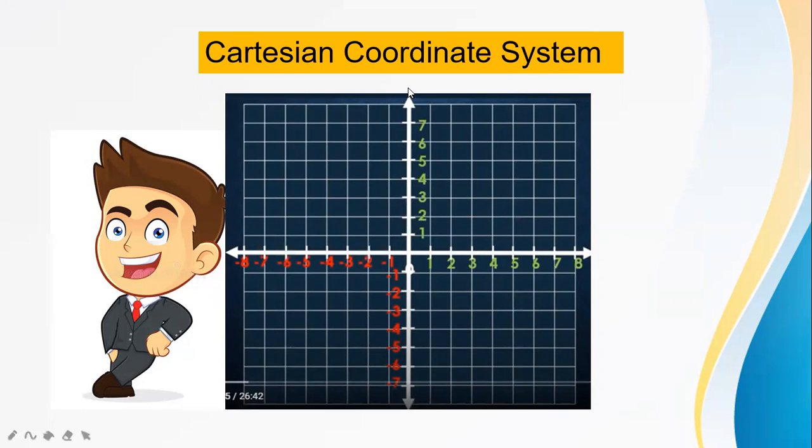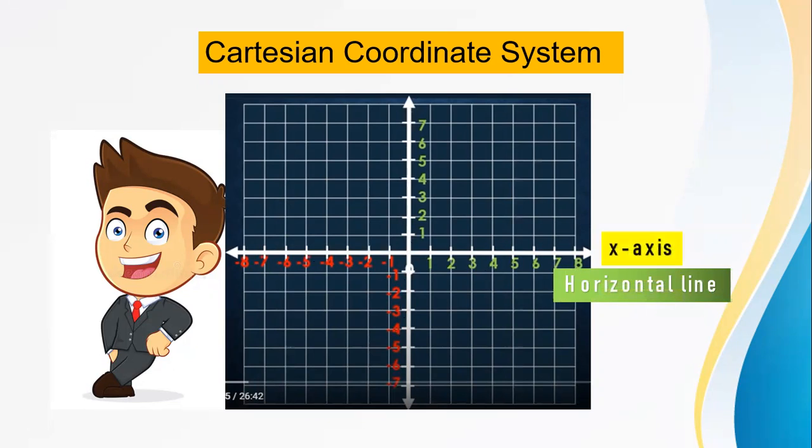So these are two perpendicular number lines. The horizontal number line is called the x-axis, while the vertical number line is the y-axis.